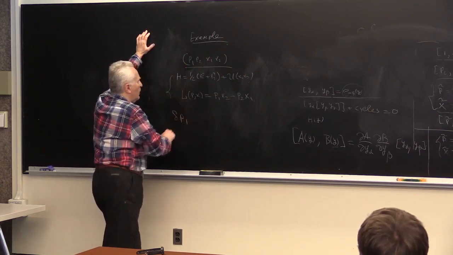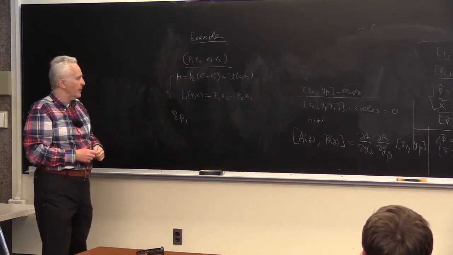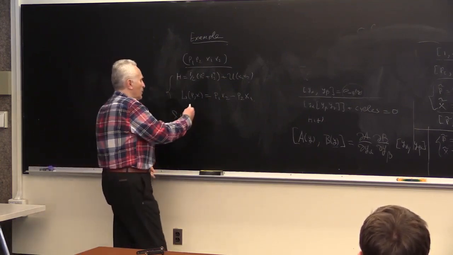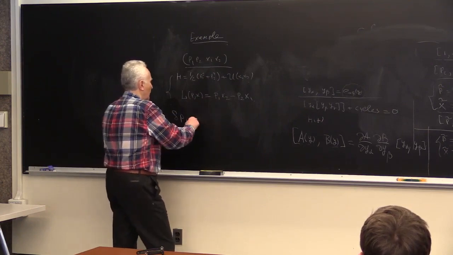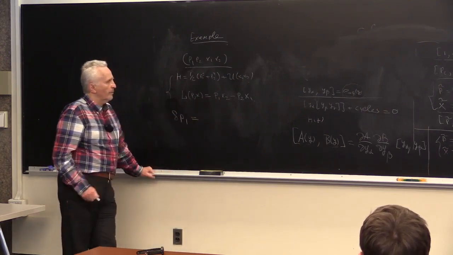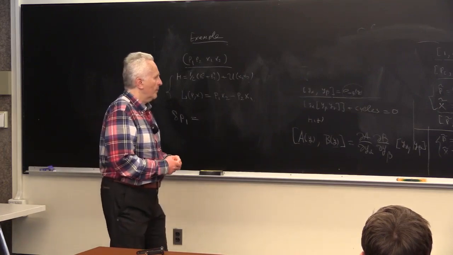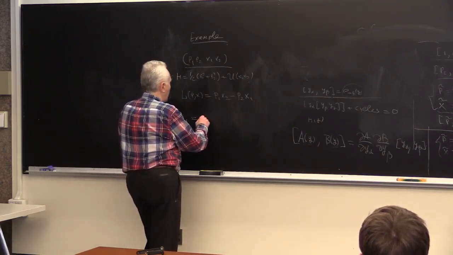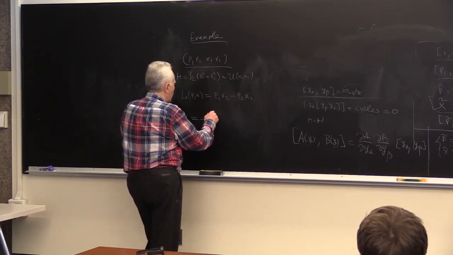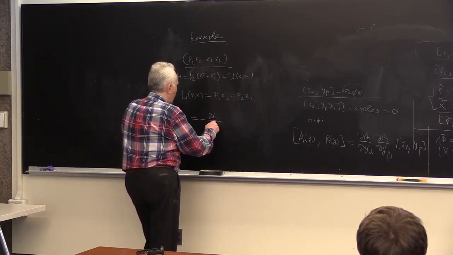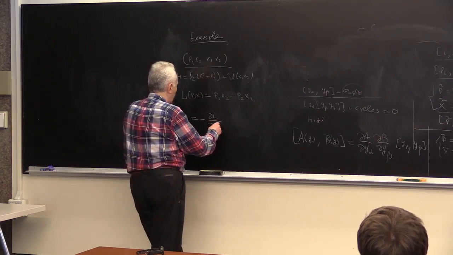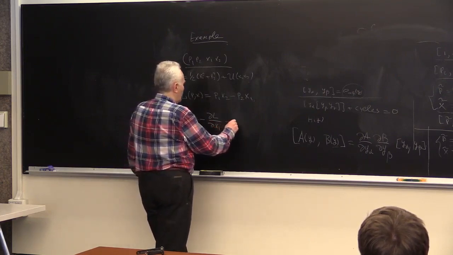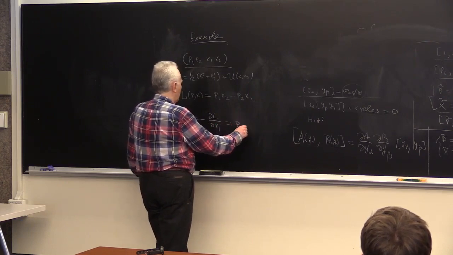So what is delta P1, for instance? Can you dictate me delta P1? Yes, delta P1 is minus dL over dx1, and so it is P2.